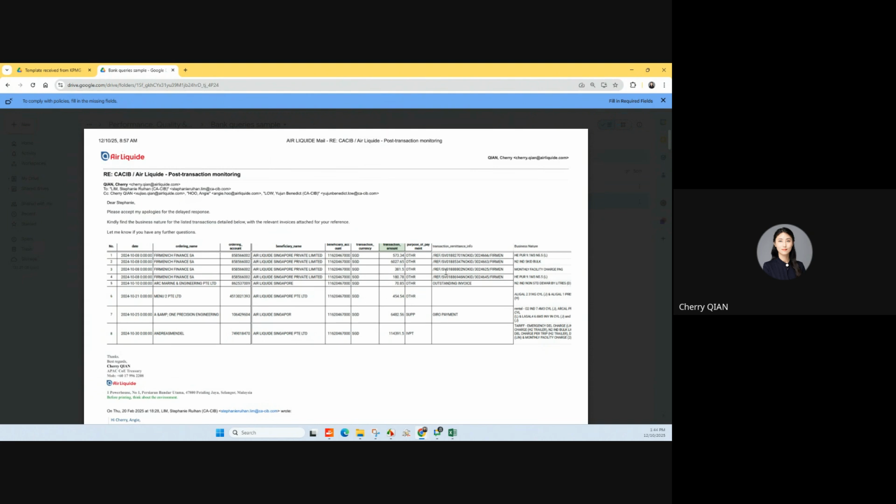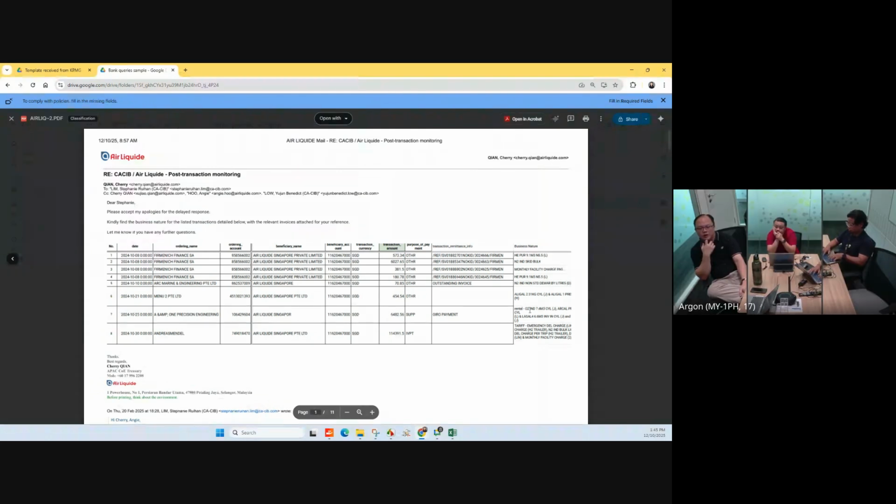What they have usually shared is that they see those queries come, for example, because your transaction remittance information somehow mentions subsidies of the ordering name, something like that. Then they're going to have confusion: what is the relationship between this company and that company, what you are exactly selling to them, or what is the business nature of this transaction. So it's nothing to do with your purpose code. Purpose code is a different thing. Okay, again, it's okay. I'll take it up with CACIB.